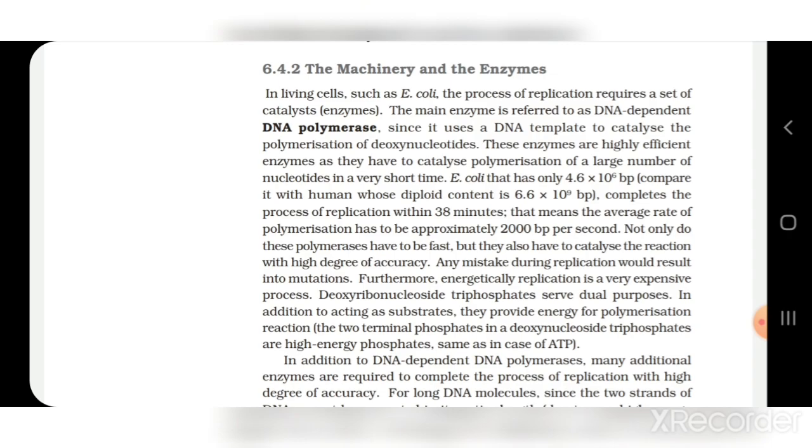Now, the sequence of events carried out during replication of DNA. The first one is initiation of the replication. There are specific points, called the initiation points, from where the replication of DNA begins. As the replication proceeds, we get the replication fork. What is a replication fork? The whole of the DNA does not unwind altogether.